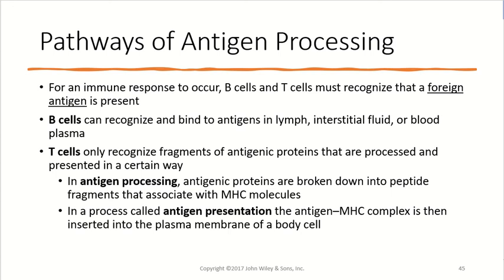T cells are only going to recognize fragments of antigenic proteins that are processed and presented in a certain way. In antigen processing, antigenic proteins are broken down into peptide fragments that are associated with MHC molecules. And in a process called antigen presentation, the antigen-MHC complex is then inserted into the plasma membrane of a body cell.